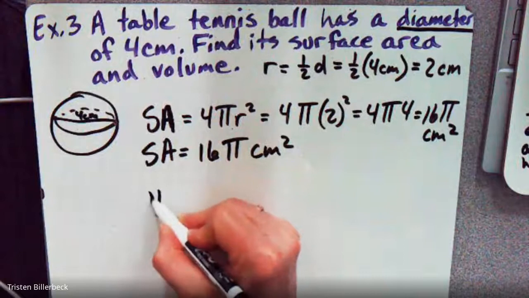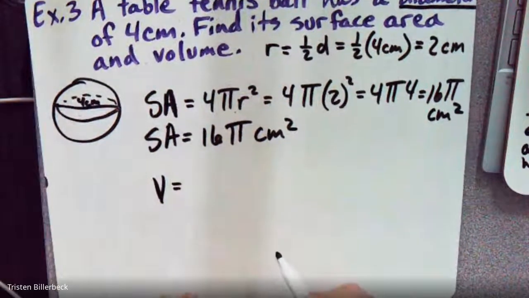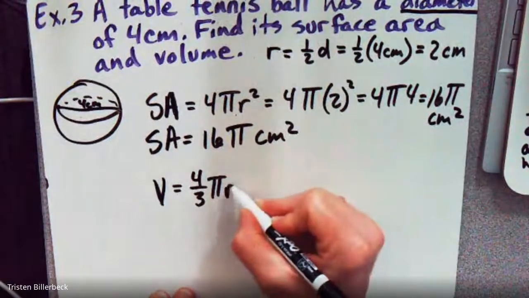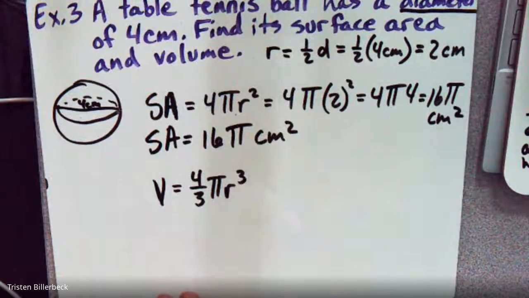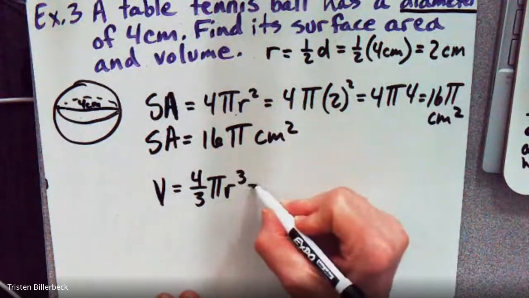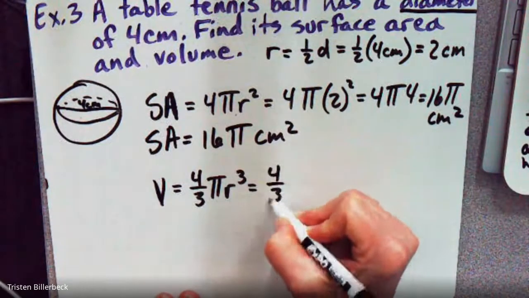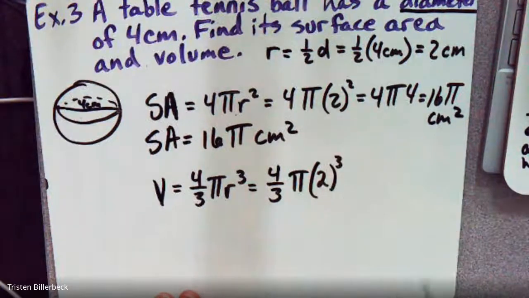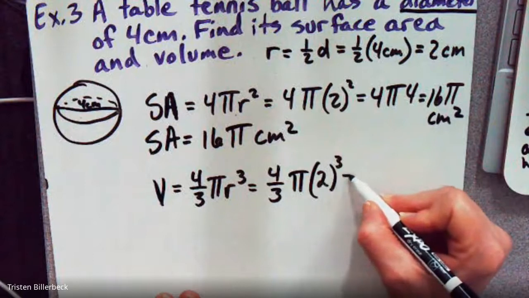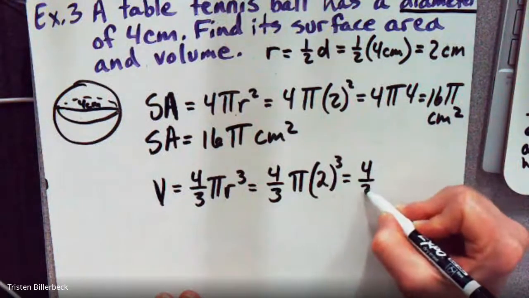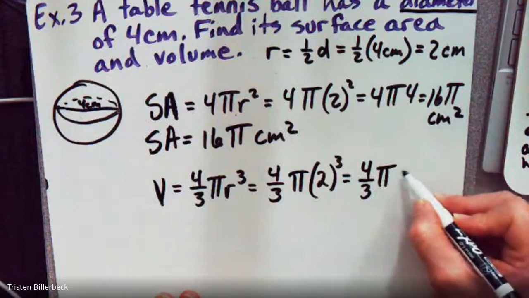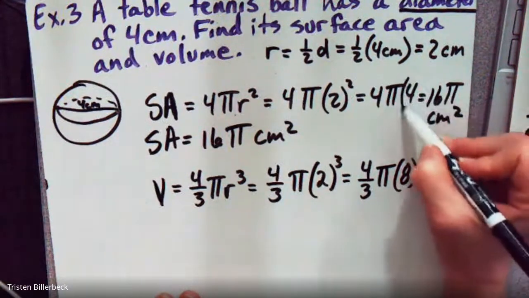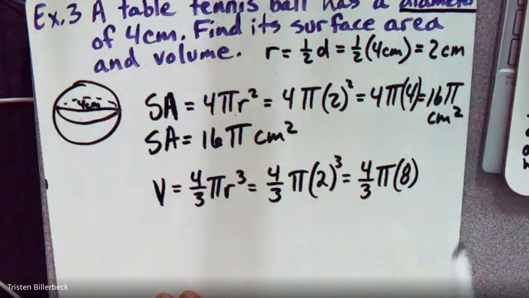The volume then would be 4/3 pi r cubed, because volume is three-dimensional. So then we write 4/3 pi times 2 cubed, which is 2 times 2 times 2. So we have 4 thirds pi times 8, with little parentheses around that one too.